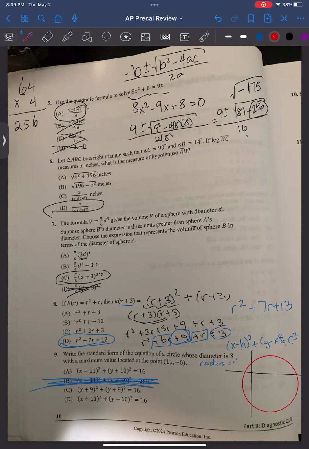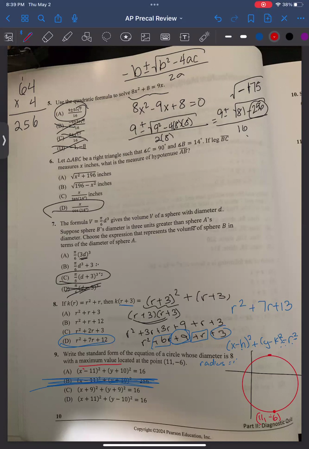So they tell me I have a point at 11 comma negative 6. By the way, the maximum value, which my circle is totally off, because it really should be up here.